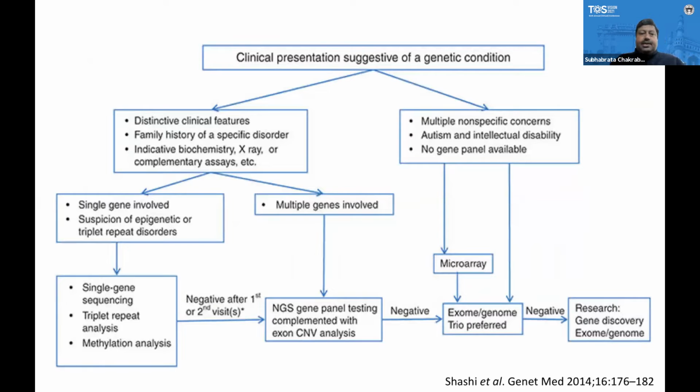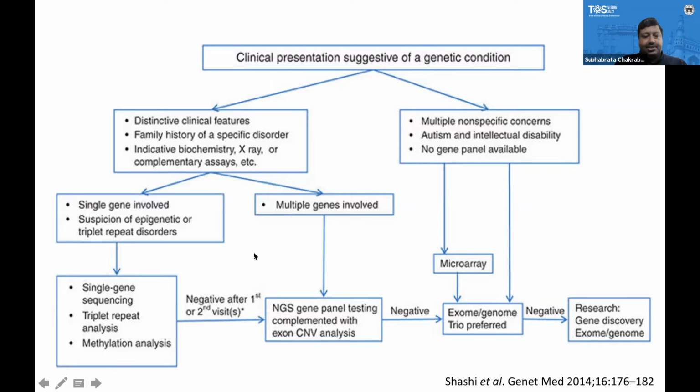So if a clinical presentation is suggestive of a genetic condition, the earlier understanding was of a single gene causing disease. So one would document the history and the clinical parameters, and go in for understanding if there are changes within the single gene, which we technically call mutations.